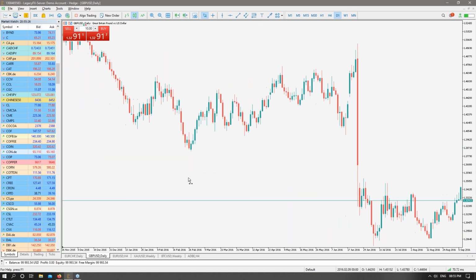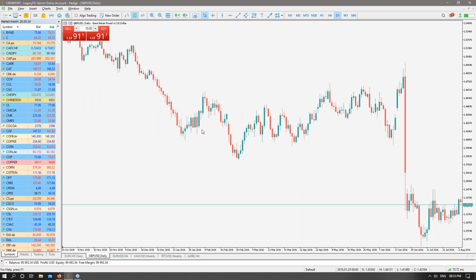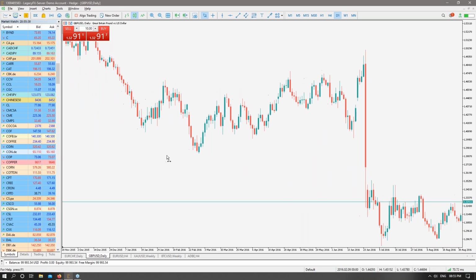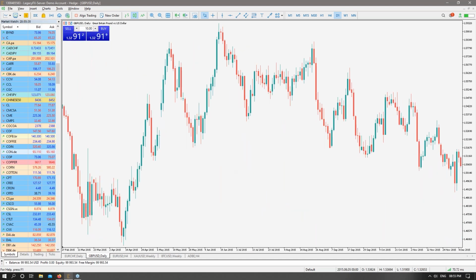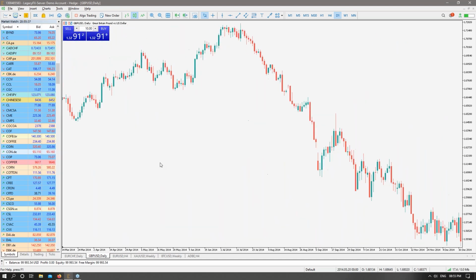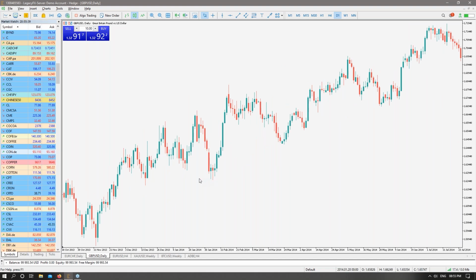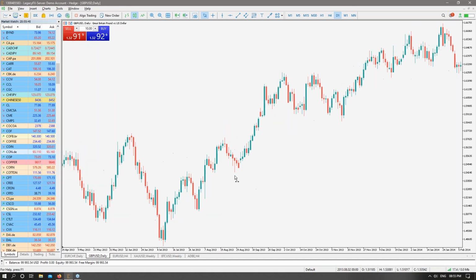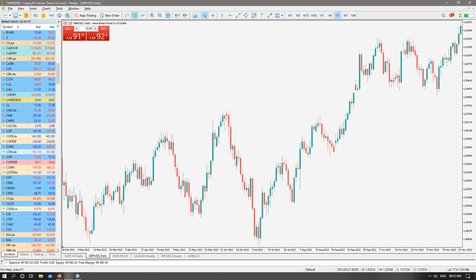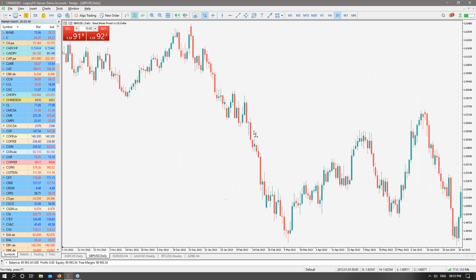So we're looking for, yeah, that's inverted. Let's see. No, because this is a double top again, right? We just discussed double tops. This is a very dirty head and shoulders.